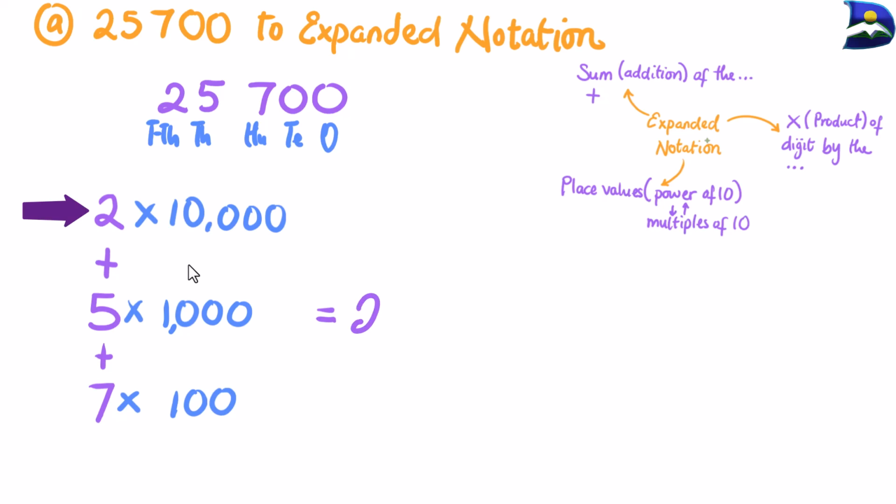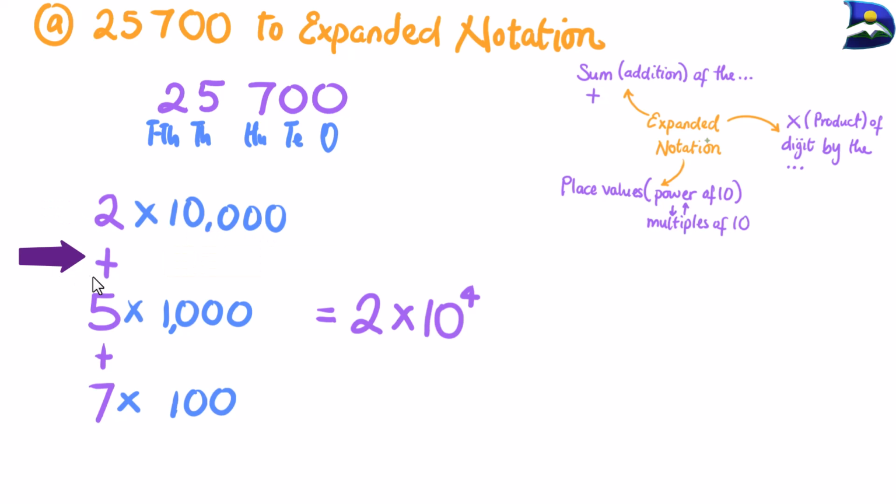We have 2, which is this 2 right here, times what? We know that we have 10,000s, and we have how many zeros? 1, 2, 3, 4. And that means that we have 10 as the base and 4 as the exponent, because we are multiplying 4 10s together to give 10,000.